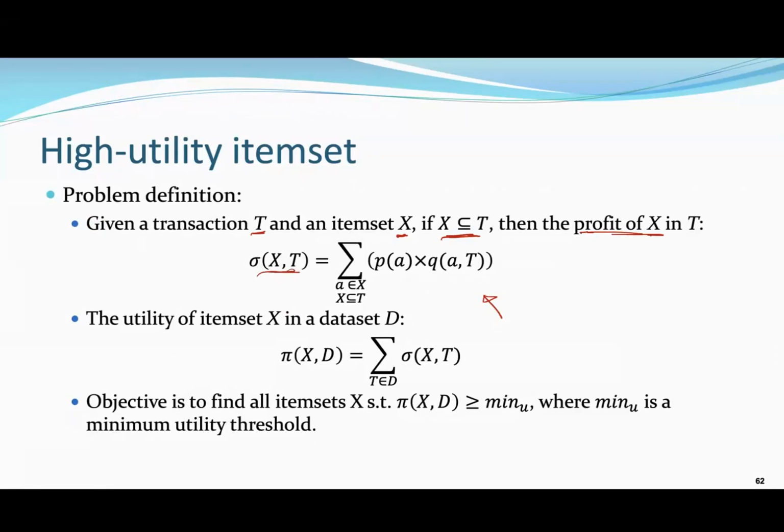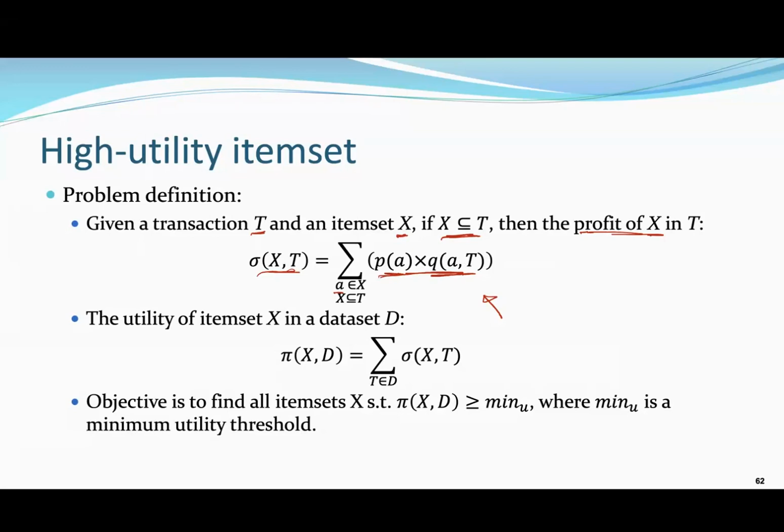For each item A in the item set X, we check how many units of it are sold in the transaction and multiply that by the unit profit. So essentially, this term gives us the amount of profit that we make by selling those items A in the transaction.